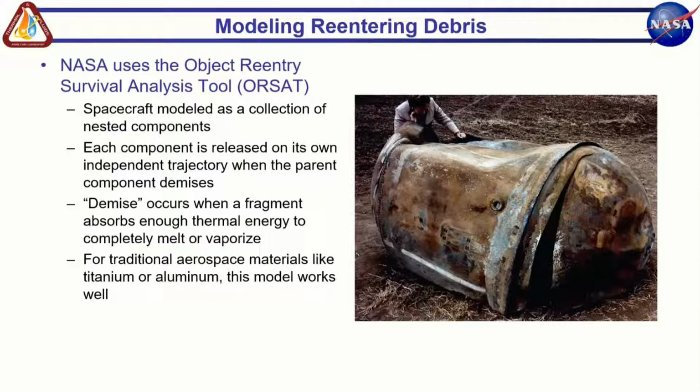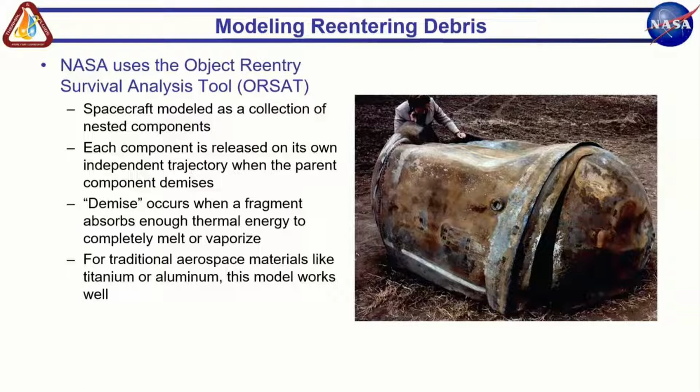At NASA, we use the Object Reentry Survival Analysis Tool, or ORSAT, and it models the spacecraft as a collection of nested components, and each component absorbs some amount of aerothermal heating along its trajectory, and when it absorbs enough thermal energy to completely melt or vaporize the material that comprises the component, we consider that component demised, and any child objects are then released onto their own independent trajectories.